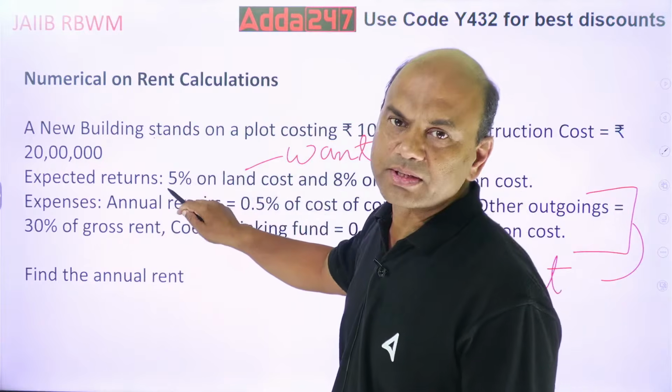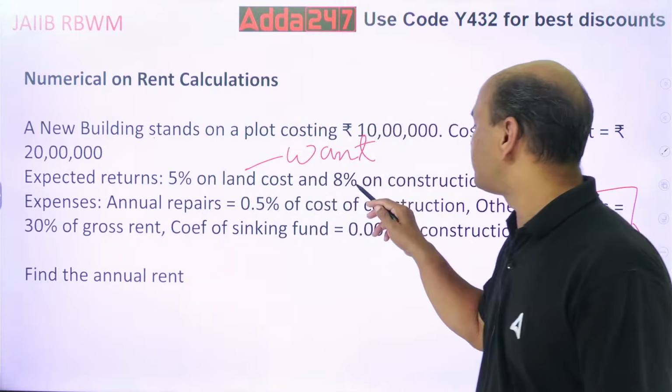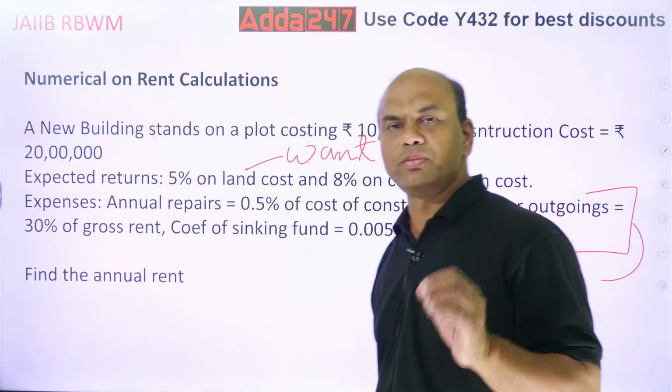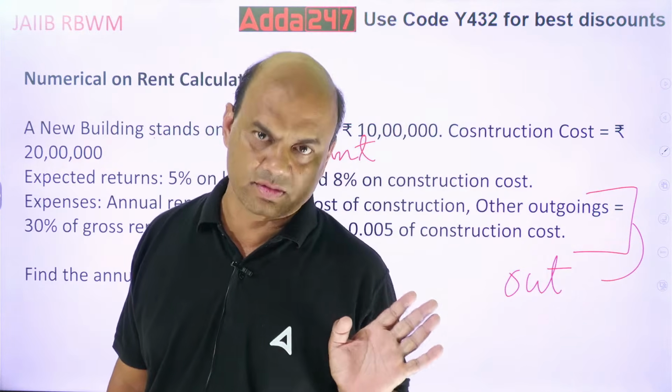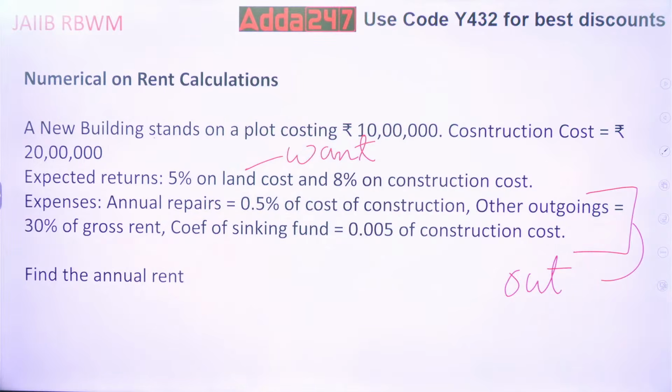So I want 5% on 10 lakhs and 8% on construction cost, 8% on 20 lakhs. You give me the figure for expected return. Everyone try this, because the exam is just 2 days away. You must be able to solve it.